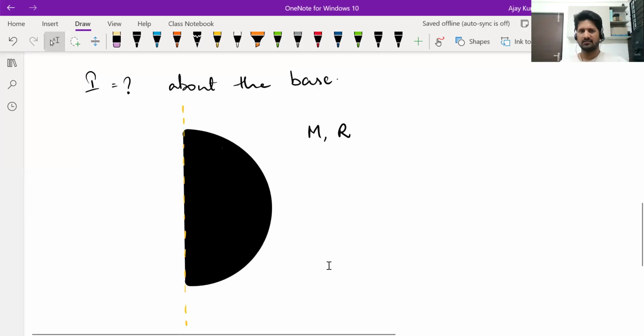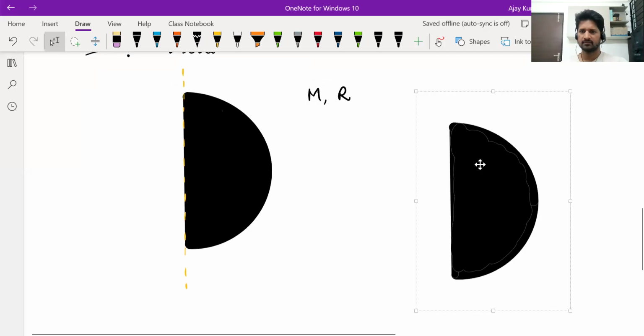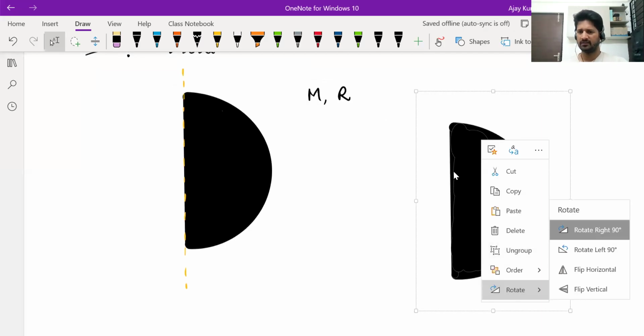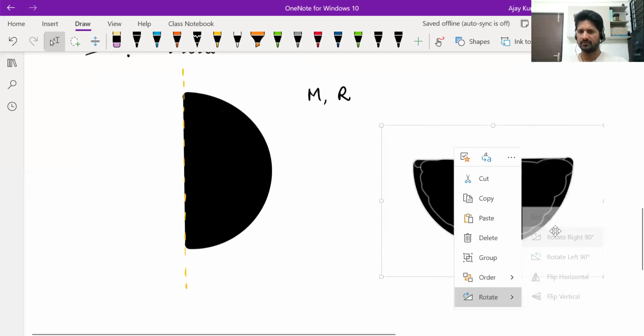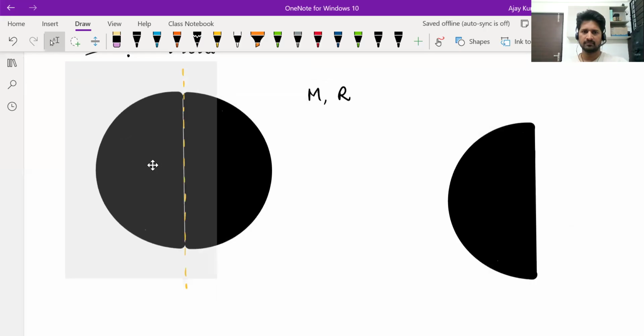What else? Yesterday we derived one more result related to a disk. About its diameter, how much is the moment of inertia? Sir, mr square by 4. Correct.